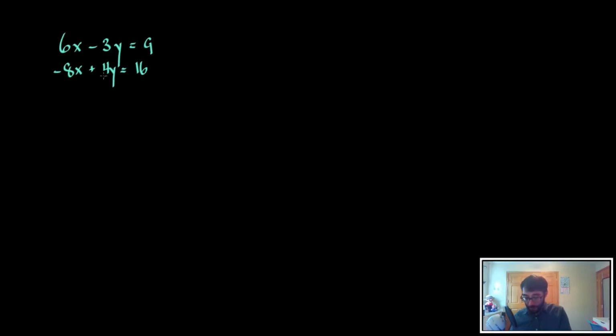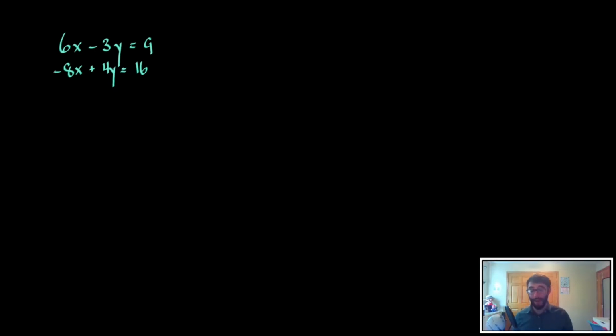In the second equation, I see 4y. If I solved for y, I'd have to divide by 4, and 4 goes into negative 8, and 4 also goes into 16. What that means is when I divide by 4 to solve for y, I'm not going to end up with any fractions. So I'm going to go ahead and use substitution.